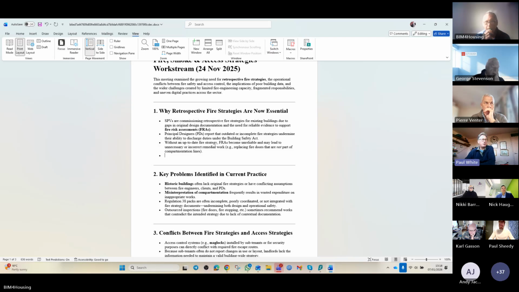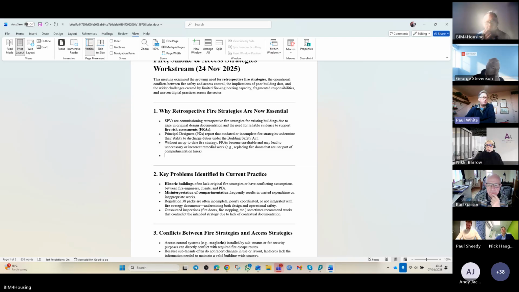But we're not just looking now at what I would call a first level design fire strategy anymore, because it's there, it's working, and the fire strategy should reflect all the systems that are in it and what they're supposed to be doing. So it shouldn't just say there needs to be a smoke control system. They should say it's got a smoke control system and it does this.